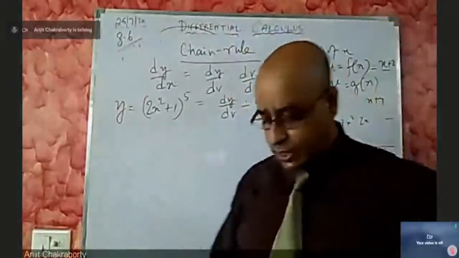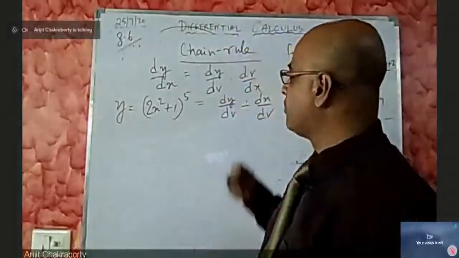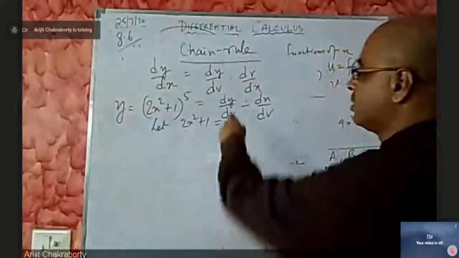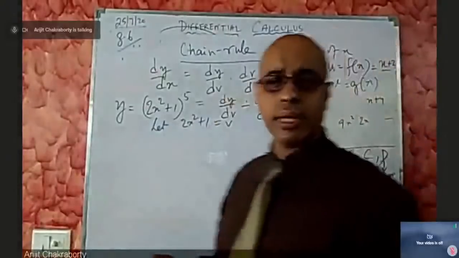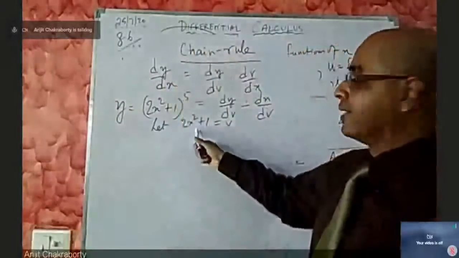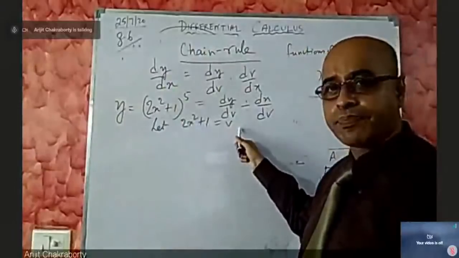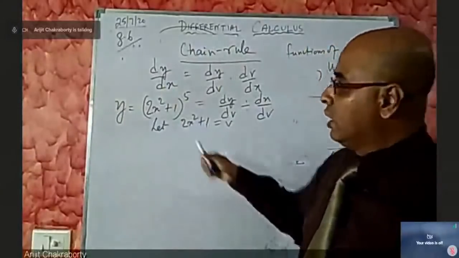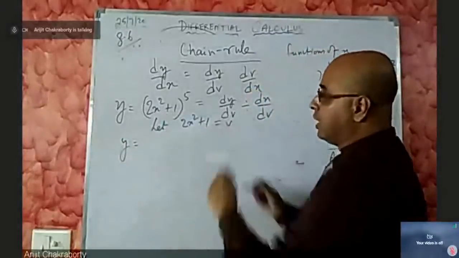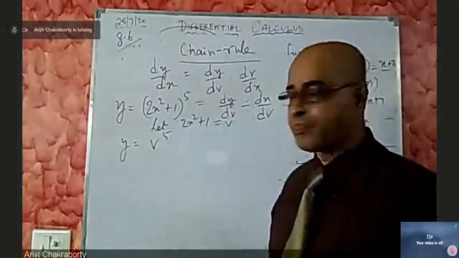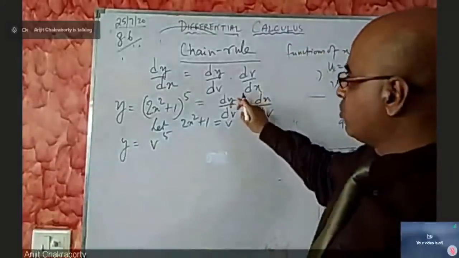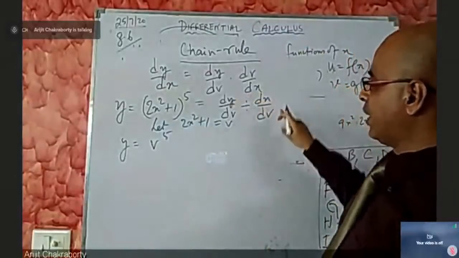What we do is, we assume let 2x square plus 1 equal to v. Here I have taken v, just taking an example; instead of v, you can take L, J, K, whatever you want. Okay, so we take 2x square plus 1 to be equal to v. Correct? Therefore, y now becomes v to the power 5. Great. Simplified. Right?